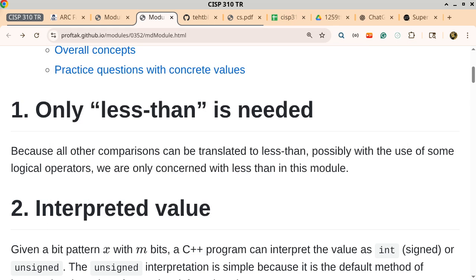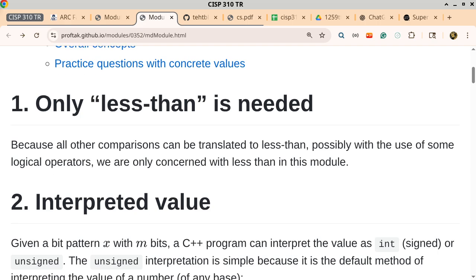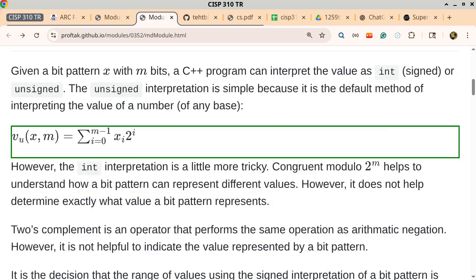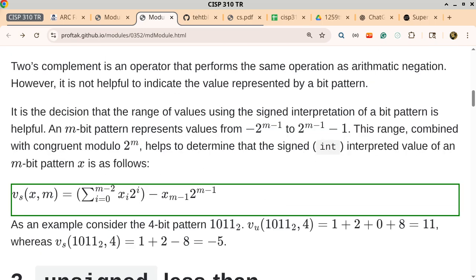All right. Cool. So now we move on to how to confirm whether a number is less than another number in binary. We start with something we just mentioned, which is what is VU and also what is VS. Both of those are just repeated here.